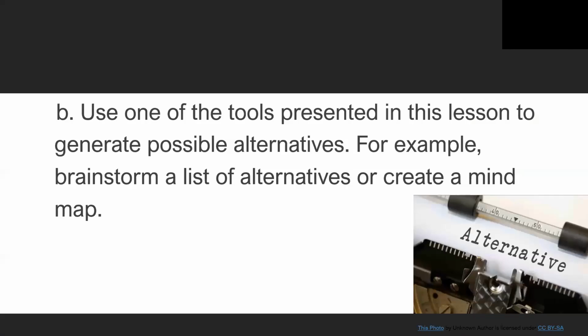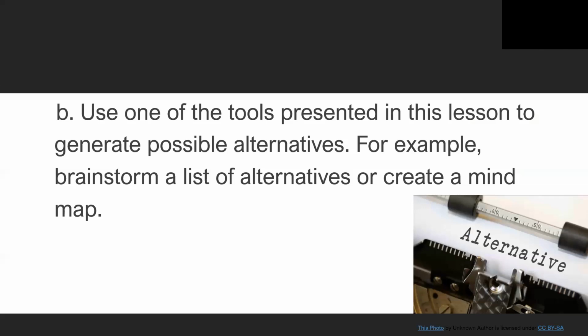B, use one of the tools presented in this lesson. The lesson is in your textbook. If you want me to do a tutorial on what your lesson was, I can. But I would love for you to come with some questions because I think that's important. The last piece is to give you an example of what you can utilize.